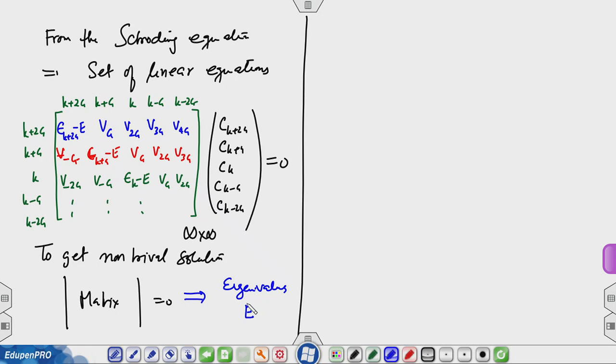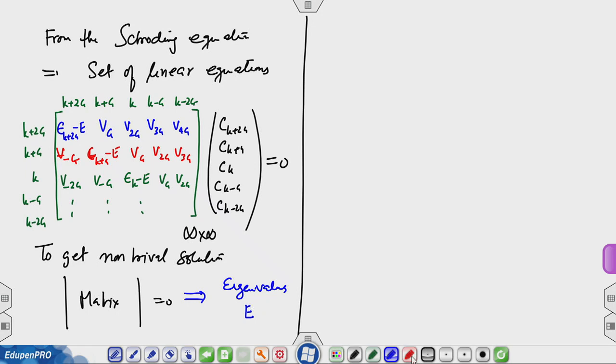So, for each k I am going to get tons of eigenvalues depending on how many waves I am mixing, and for each eigenvalue I am going to get C k plus g, C k plus 2g, which will determine the wave function in terms of the expansion in terms of the plane waves.